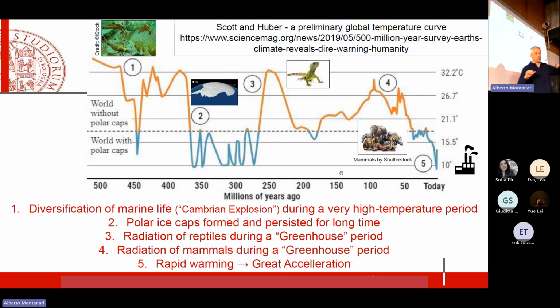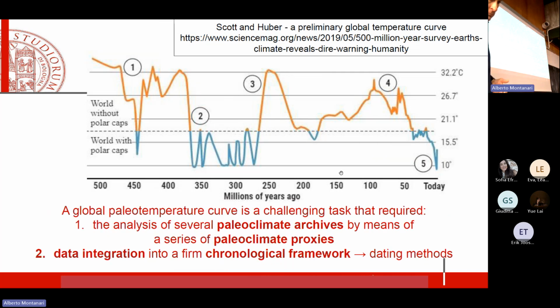Okay? But what does it take to get to this? What kind of information has been used? A global paleotemperature curve is a challenging task. Elaborating this picture required the analysis of several paleoclimate archives. When I say paleo, it means before the instrumental period.